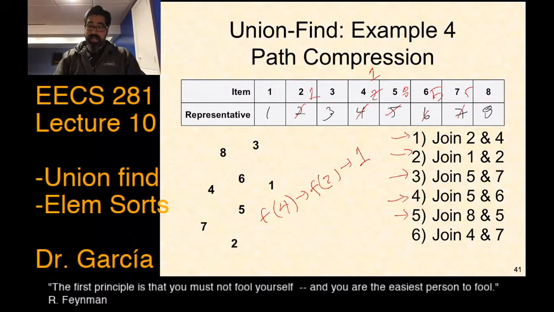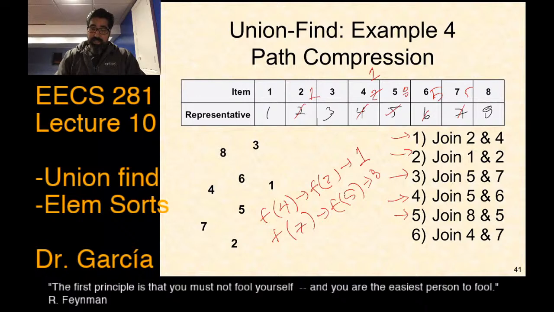All right, so now we would do a find on 7. That basically tells me that I need to go through 5, okay? Which then tells me I have to go through 8, and 8 is its own representative, so boom, I've found the ultimate representative, okay?